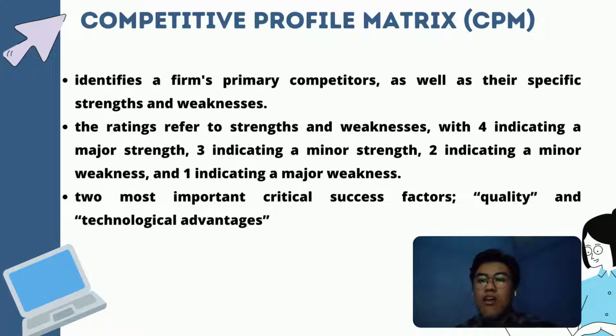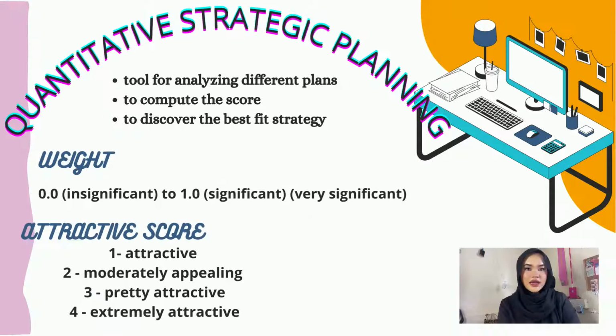Furthermore, the table shows that Apple Incorporation is strongest on quality, as indicated by a rating of 4, whereas Samsung Electronics is strongest on price competitiveness. Overall, Samsung Electronics is strongest as indicated by the total weighted score of 2.93, and Lenovo Technology is the weakest.